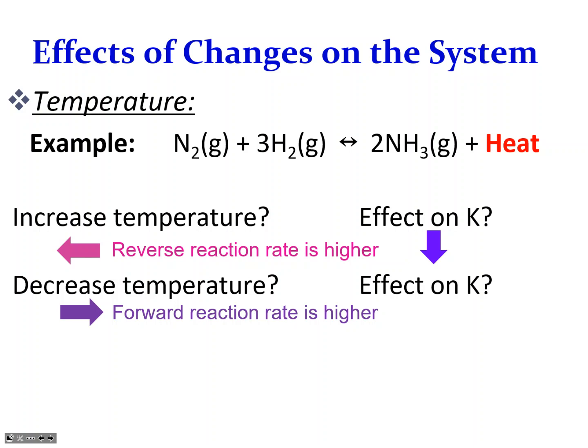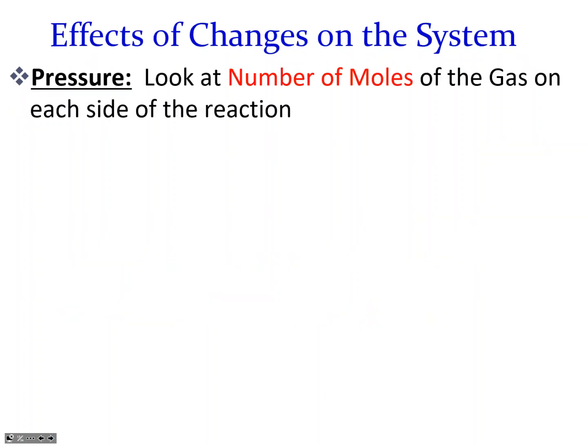And if you decrease the temperature, the new equilibrium rate is going to be lower than its original equilibrium rate. But you'll see there's a graph later on that will show this to you. You'll be able to visualize it a little bit better. The effect on K, yes, is increasing over there.